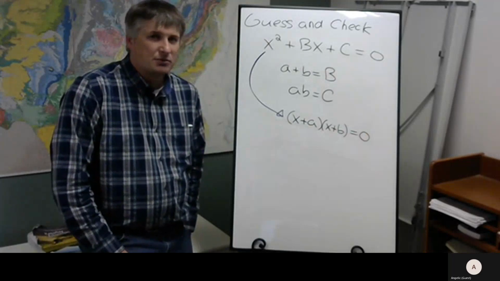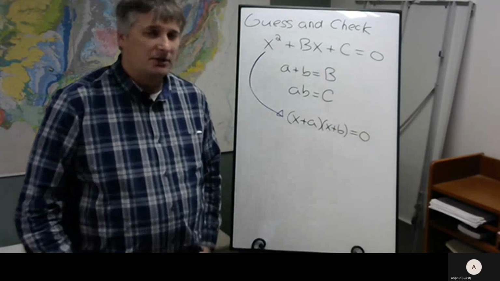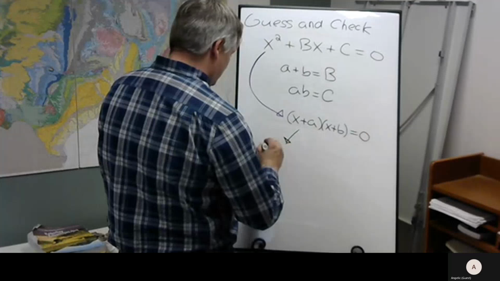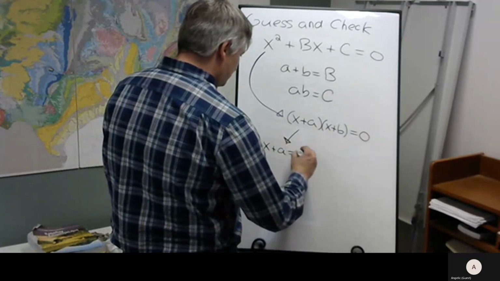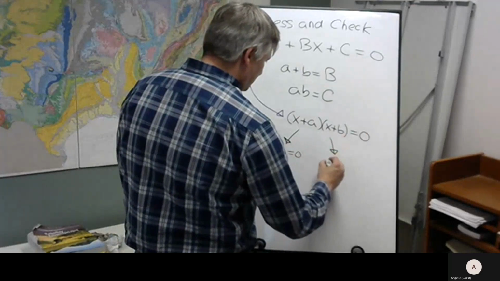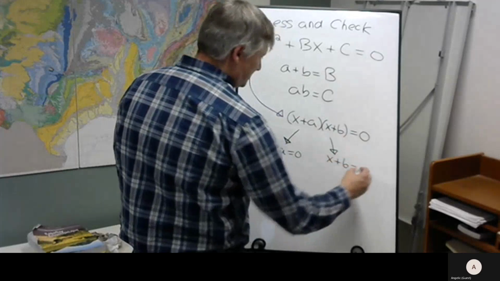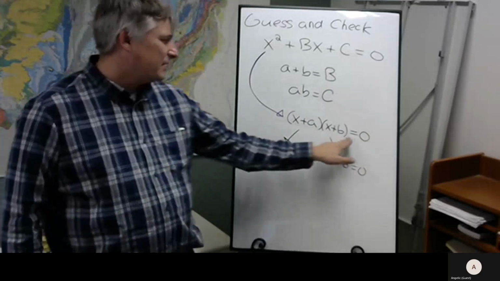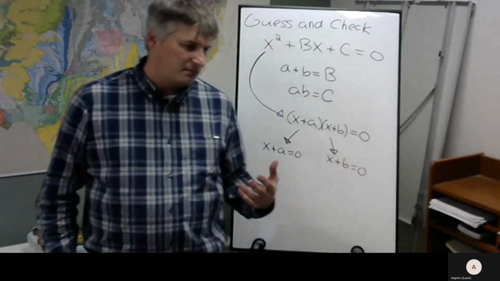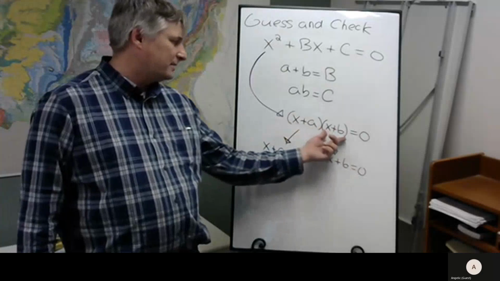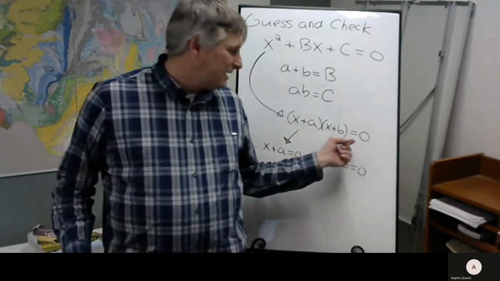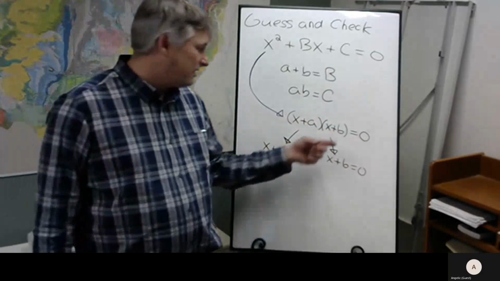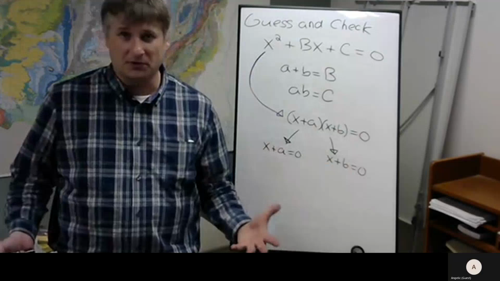And so then what you're going to use is what's called the zero product principle. You're going to get two equations: x plus a equals 0, and the other, x plus b is equal to 0. The reason this is true is that if you've got this multiplied by this equal to 0, then this has to be 0, or this has to be 0, or both are 0.